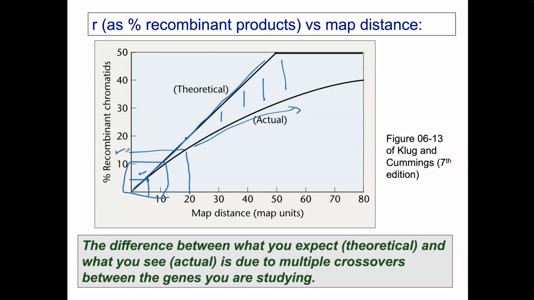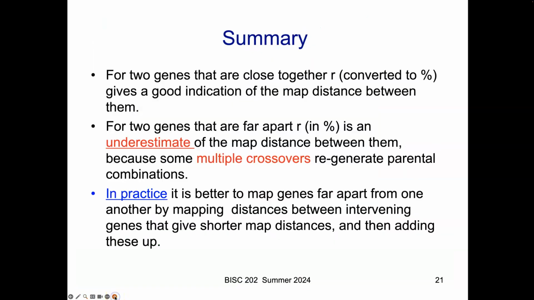We'll say it's really 15 or something, because we will have missed a small-ish, but real, proportion of double crossovers. So keeping it accurate means map the smaller ones and then add those together to get your whole larger distance. Okay, so this is basically a summary.